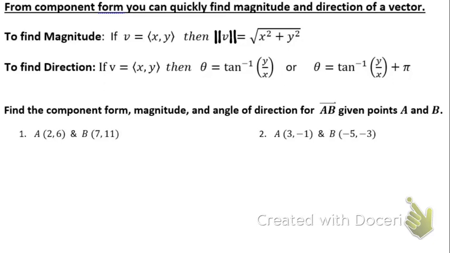This is exactly the same as the distance formula. Like if I wanted to know the length of the hypotenuse of a triangle, we would do a squared plus b squared equals c squared. That's what this is right here. So that is to find our magnitude, the distance or length of the line segment.